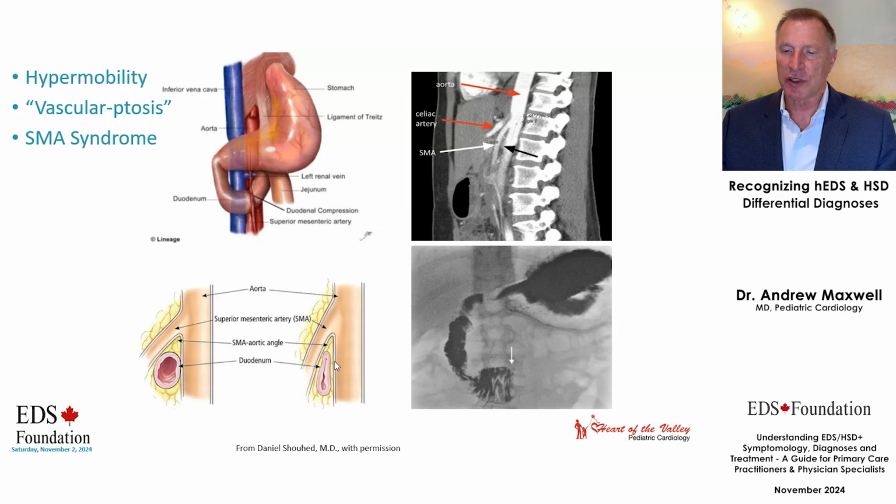And they will show radiographic signs such as the contrast image shown here, as well as CT angios and sonograms that may show a narrow SMA angle and higher velocity flow by sonogram.